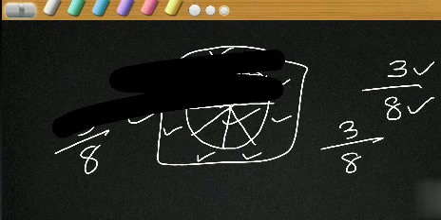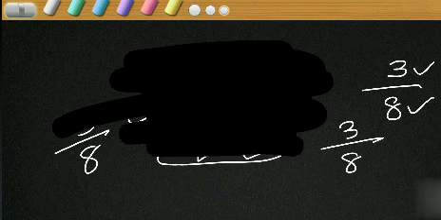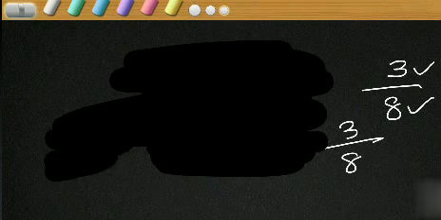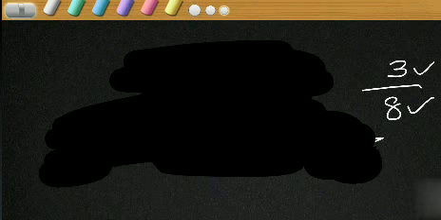Understood? This is the concept of fractions, and I think all have gone through the significance of fractions in real life, which was given in the previous video.